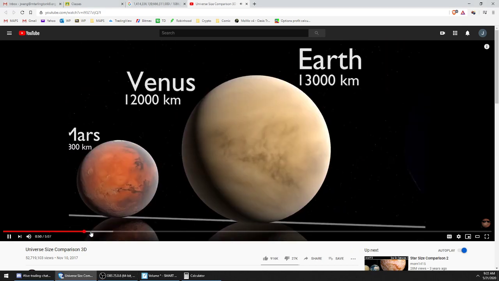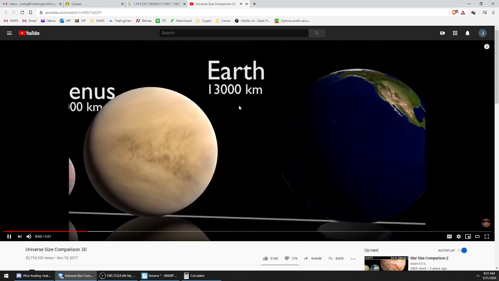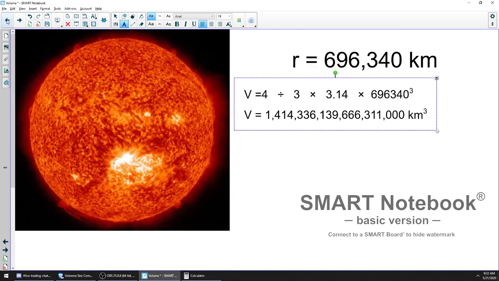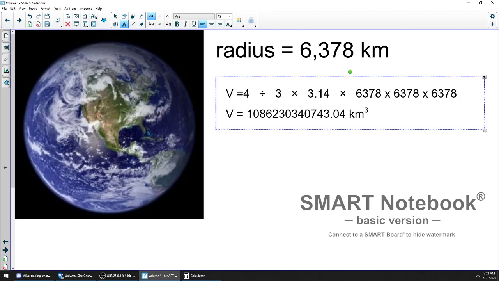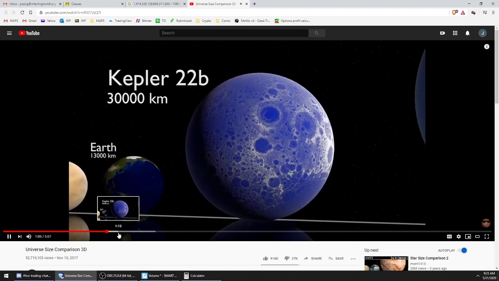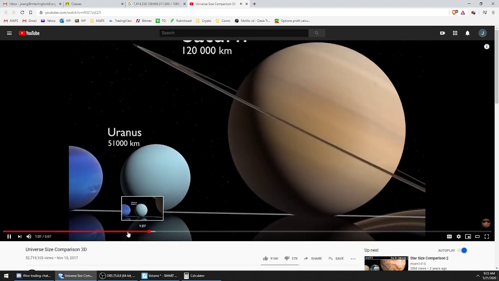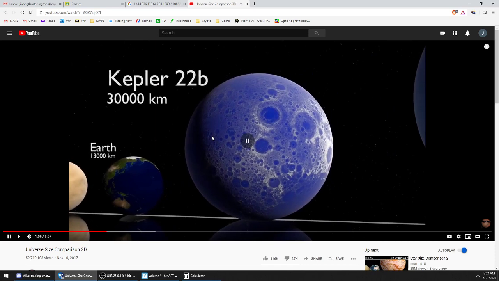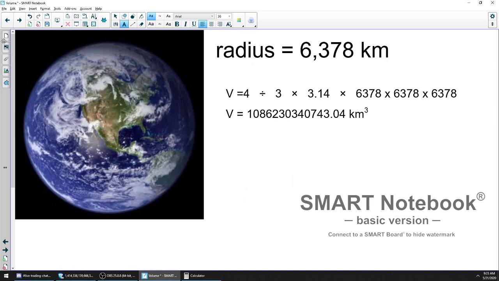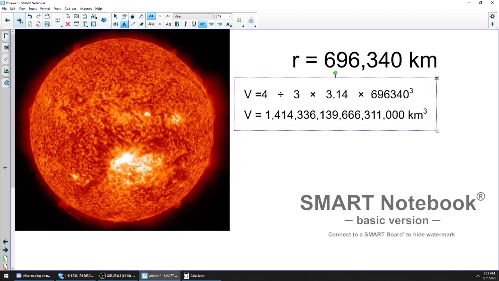If we go to Earth, it says 13,000. And what did we have? 6,378. So they rounded up a little bit, and they weren't just doing the radius, they were doing the whole diameter. So the diameter of the Earth is 13,000. And if you see how big things get. So take a look at the video, see the amazing parts of our solar system. Okay?